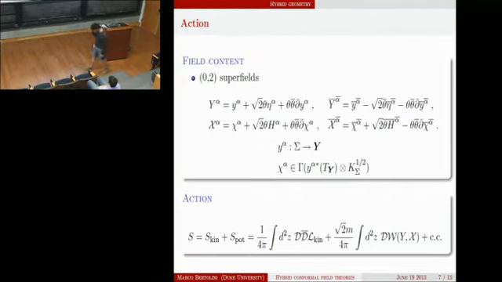So now we are ready to describe the action. The action can be written in terms of (0,2) superfields.